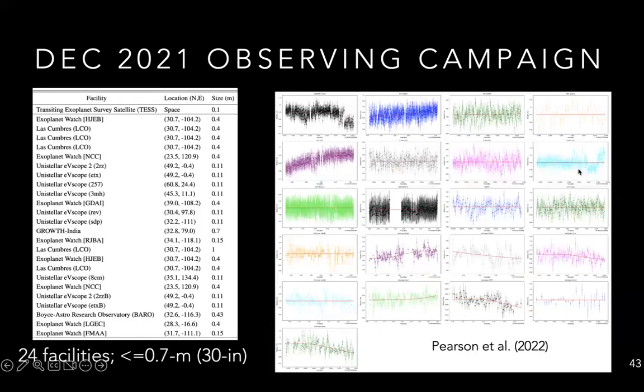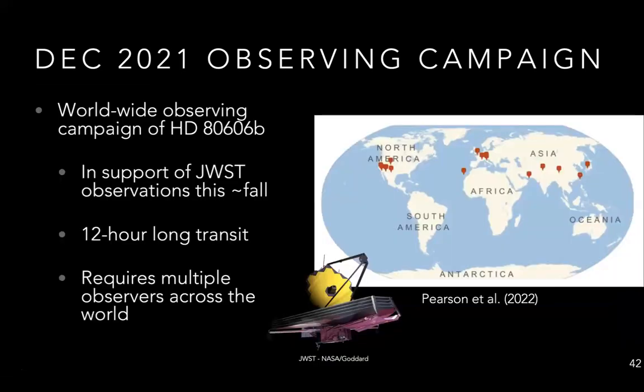We had about 24 facilities participating in this project, all small telescopes under 0.7 meters. We probably had another 30 to 40 folks that were interested in participating, but of course, most of the Northern Hemisphere was cloudy that night. I remember looking at the cloud maps and just freaking out. But luckily there were some clear holes that folks were able to observe.